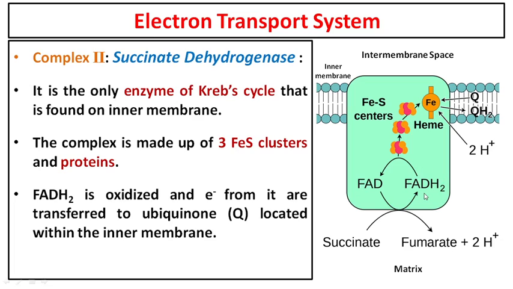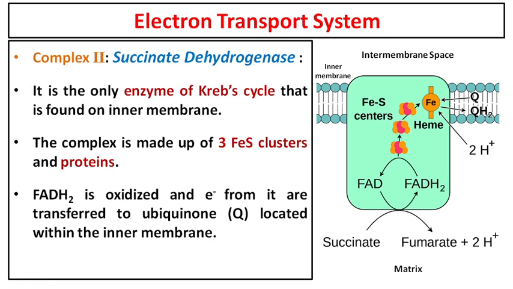This FADH2 donates its electrons to the iron sulfur cluster, and as soon as it gives its electrons, it turns back into FAD. Now these electrons pass from the iron sulfur centers to ubiquinone. So it is again going to Q, and with the help of Q, electrons and 2 H plus, it will give you QH2 or ubiquinol.